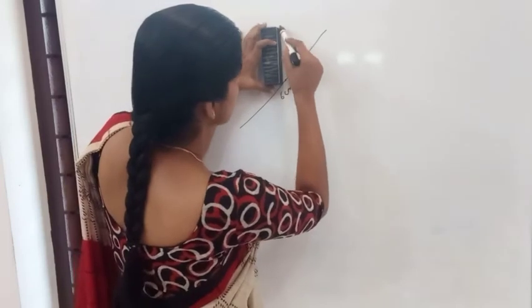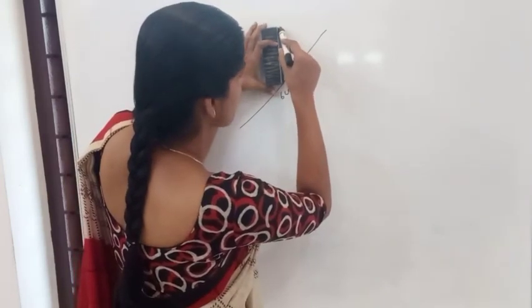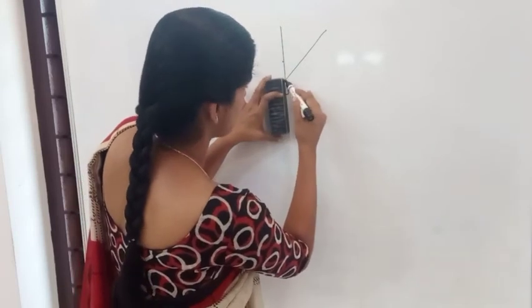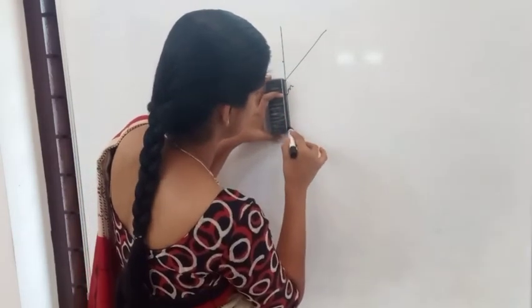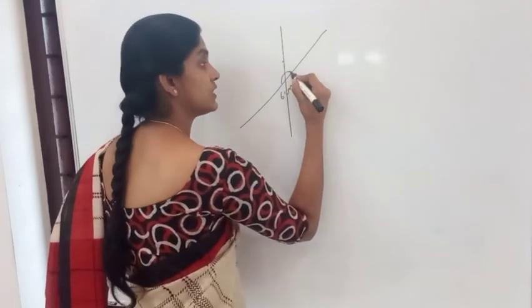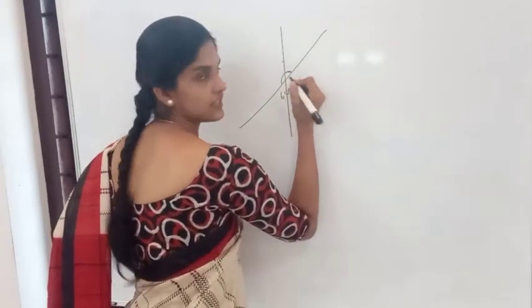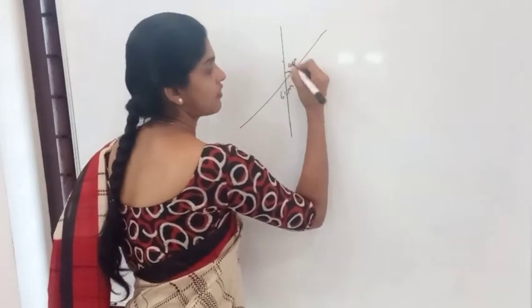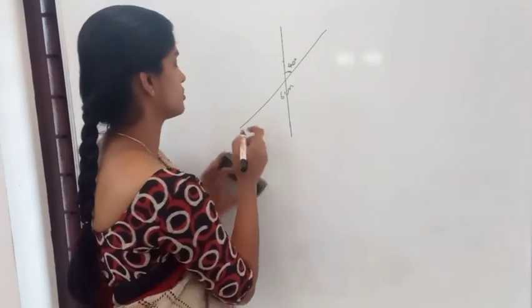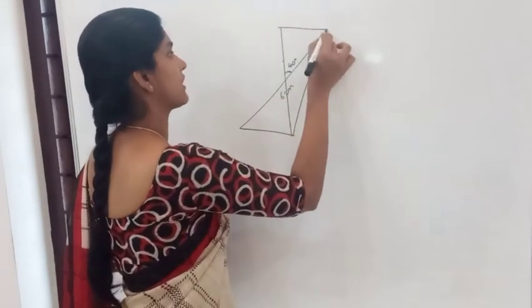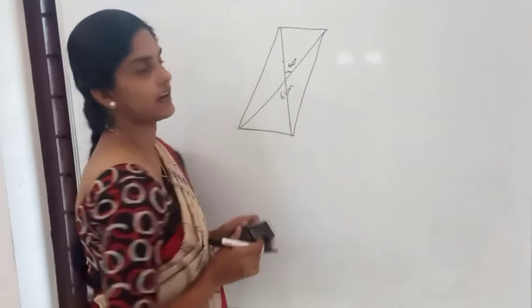And I drew a line at 40 degrees through the midpoint of the first diagonal. Placing the protractor over here, you shall mark the 40 degrees. Now join these, and you will get a rectangle.